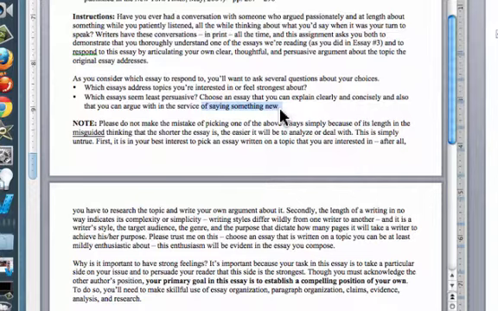And you don't want to simply add it by saying the same thing that's already been said in the essay that you read. Okay, so you have to say something new. You've got to find a different angle, a different approach than the one that's taken by the author of the essay that you read. Okay, so that's another important part of this assignment sheet.